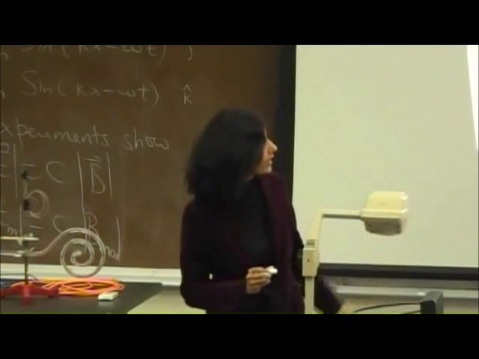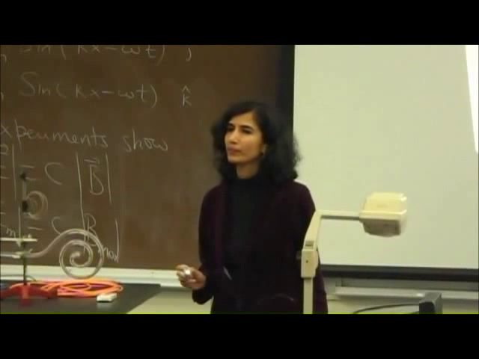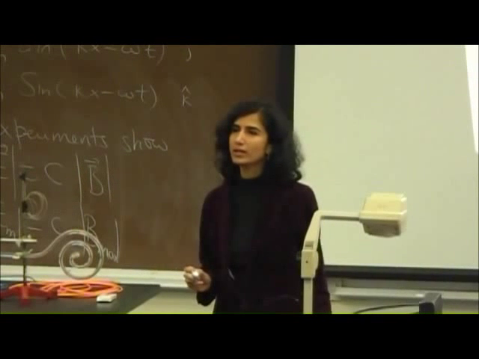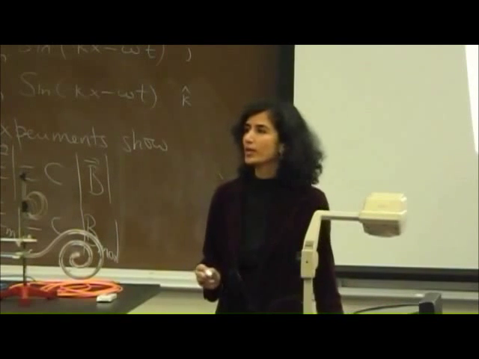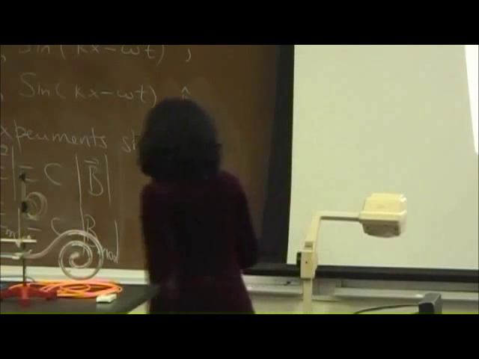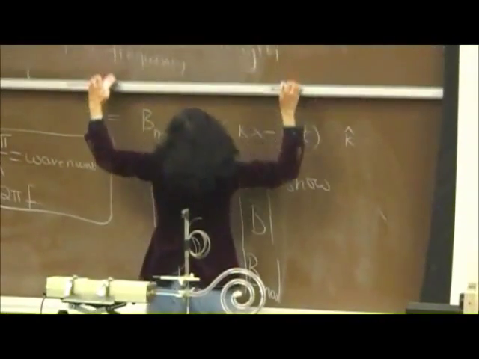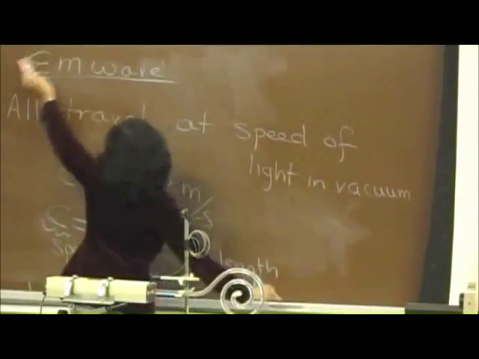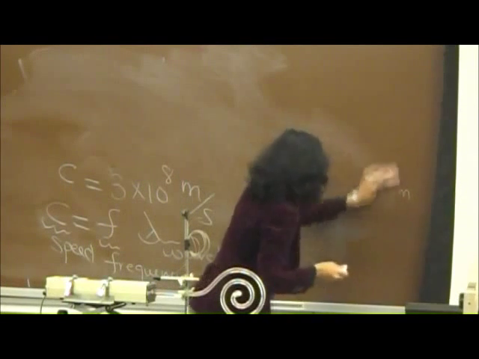Do you know how to find the time average of sine squared? What is the time average value of sine squared of kx minus omega t? That's the question I'm asking you. Anybody wants to tell me? So the question I have for you is, what is the time average value of the Poynting vector?